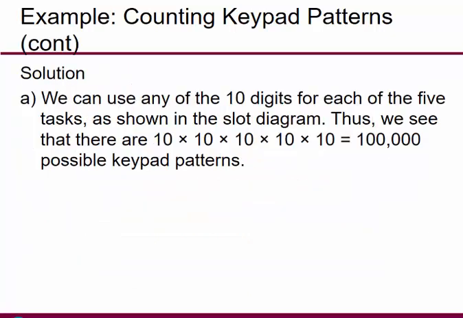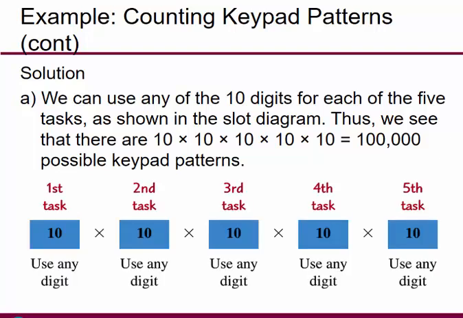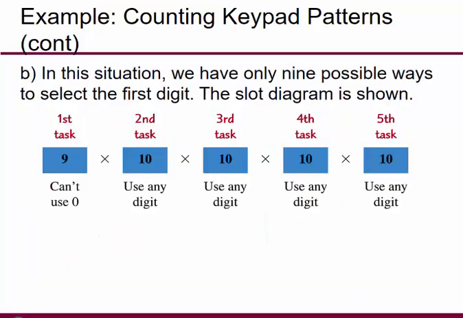For the first one, we can use any of the 10 digits for each of the 5 tasks, as shown in the slot diagram. Thus there are 10 times 10 times 10 times 10 times 10, or 100,000 possible keypad patterns. Now in this situation, we only have 9 possible ways to select the first digit, so this is the slot diagram.